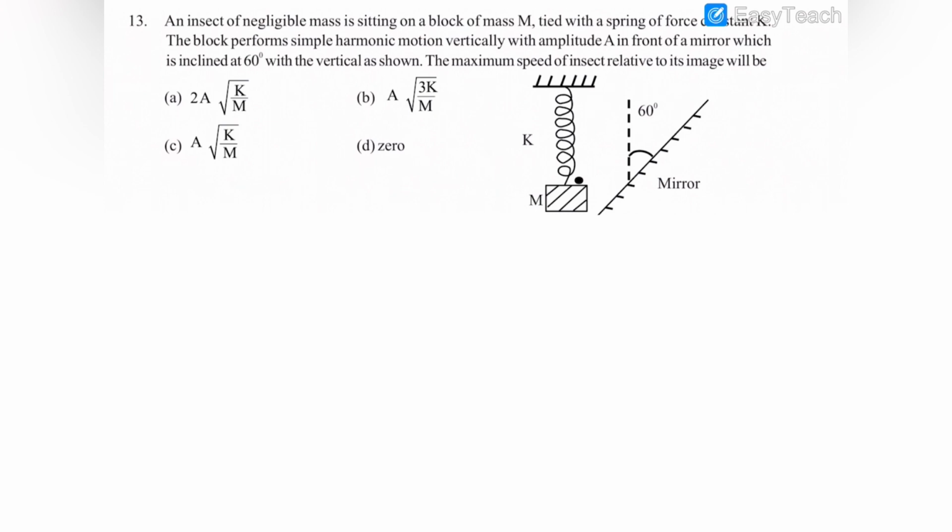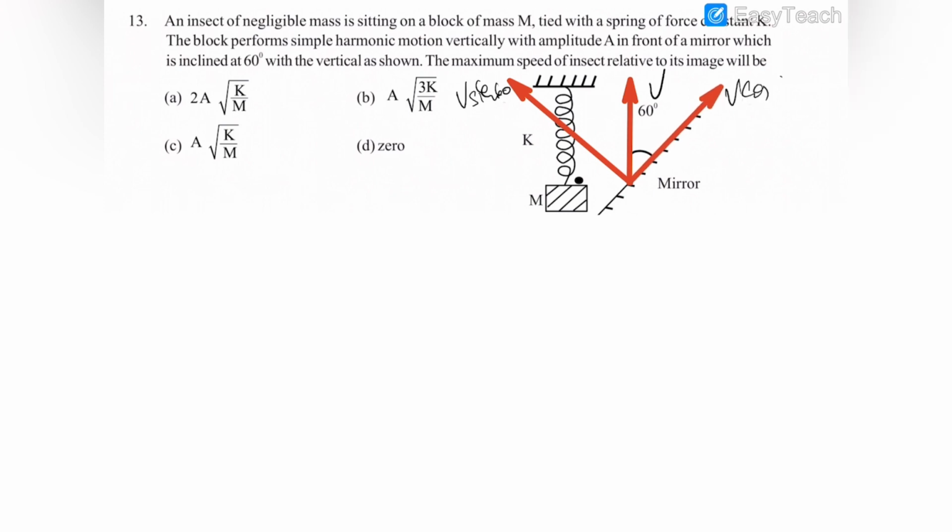So we can first of all see that if we assume that the velocity of this system is v at this instant, then the component of v perpendicular to the mirror would be v sin 60, and the component of v parallel to the mirror would be v cos 60.